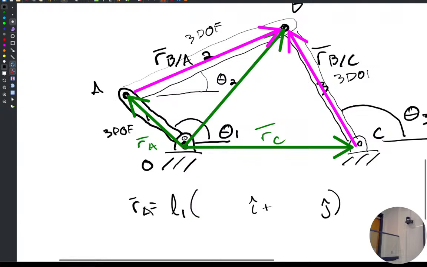Yeah, we could divide by L1 to figure out what that thing is. We could say that it's x over L1, y over L1, or XA and YA, right?